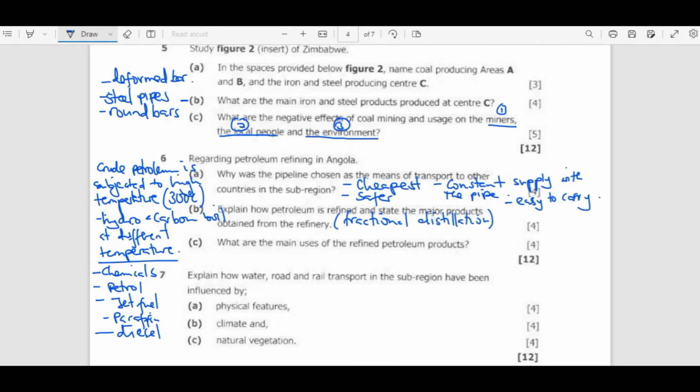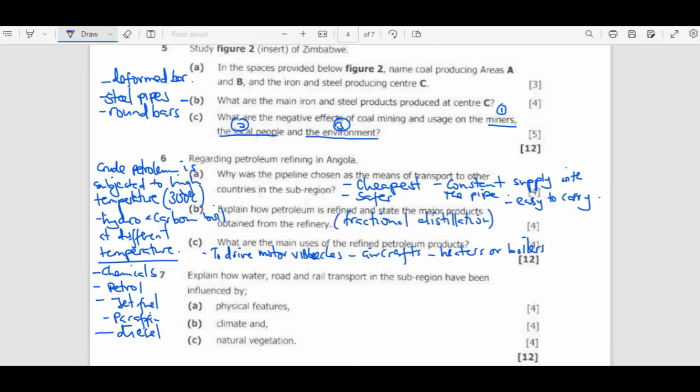What are the main uses of refined petroleum products? So the use of these products, number one, to drive motor vehicles. And then the other one is in aircrafts. And then the other one, heaters or boilers.